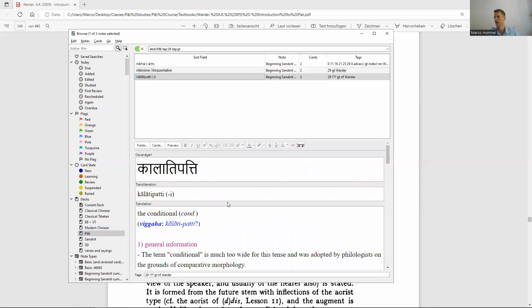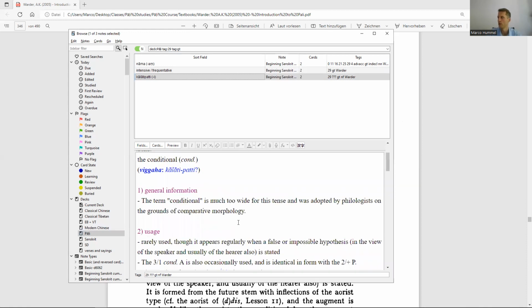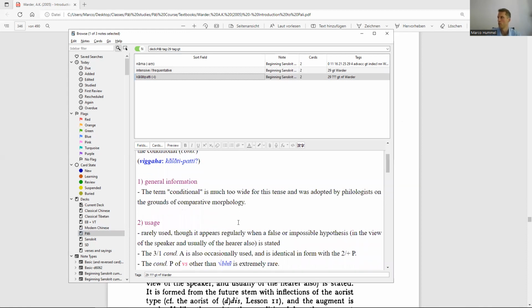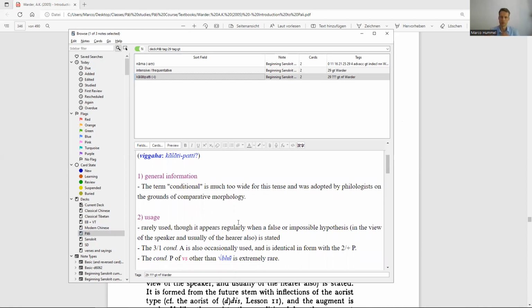Regarding the Kalatipatti or the conditional, the term conditional is much too wide for this tense and was adopted by philologists on the grounds of comparative morphology, especially comparing it, for example, to ancient Greek.